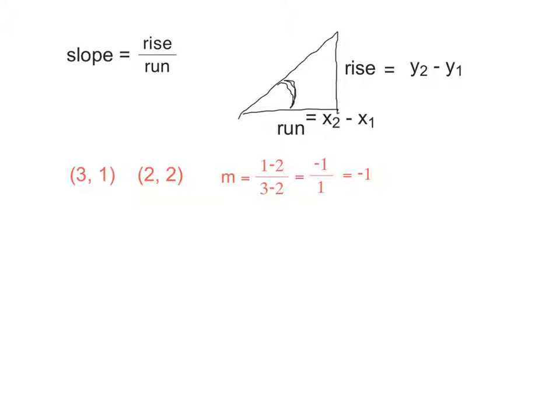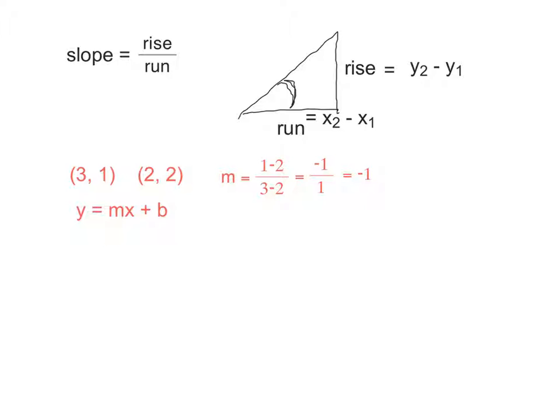All right, next, how would I go about getting the equation of the line that connects these 2 points? I know what the slope is, but I want now the full equation. So let's start with the slope-intercept form of the equation, y equals mx plus b. I know what m is equal to, minus 1. But what is b equal to? Well, I have two points here that I can use to plug in for y and to plug in for x.